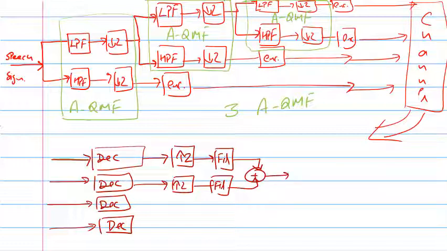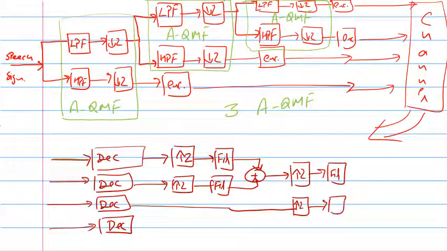Then again this will pass through an upsampler by 2 and a filter, and the output from here will also be upsampled by 2 and filtered.